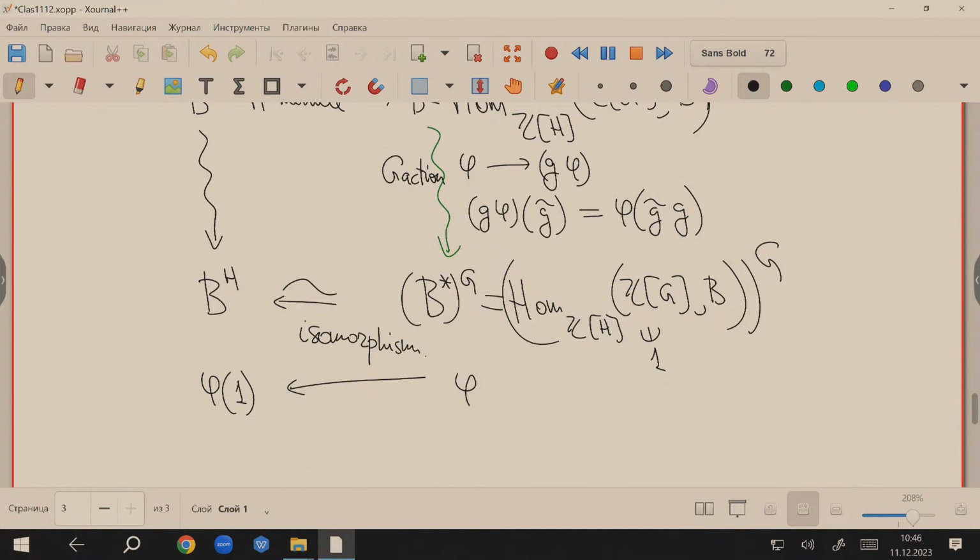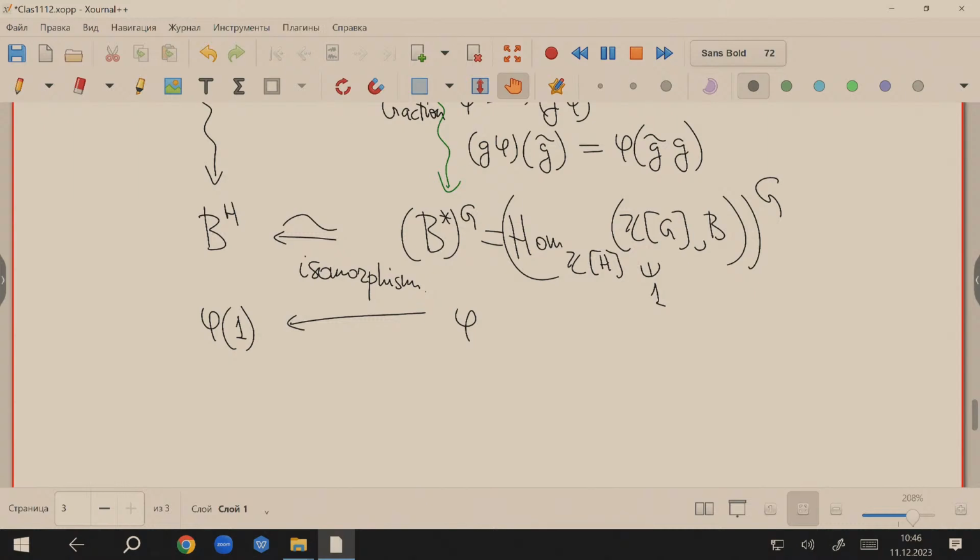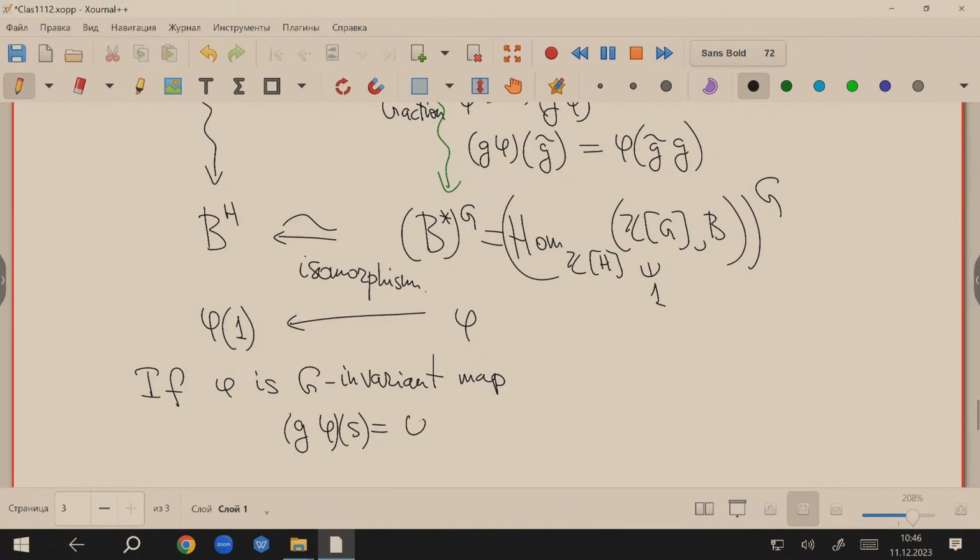If you take a G-invariant map phi, then you get that (g phi)(s) is equal to phi(sg), and equal to phi(s), because this is precisely G invariance.